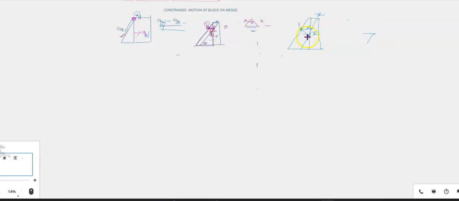If this is x and x, and this angle is theta, let me just enlarge it a little bit.